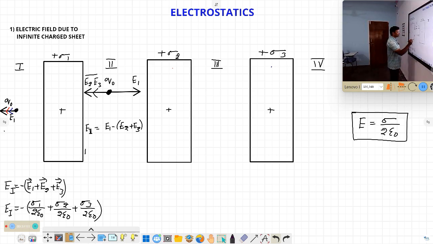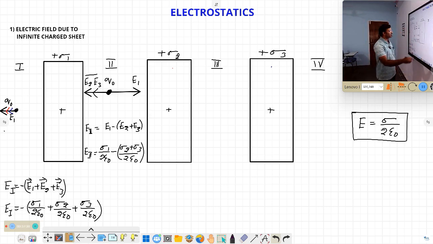Now if you want to write in the form of charge density, the electric field in the second region is equal to sigma 1 by 2 epsilon naught minus sigma 2, okay, plus sigma 3 by 2 epsilon naught by taking common.